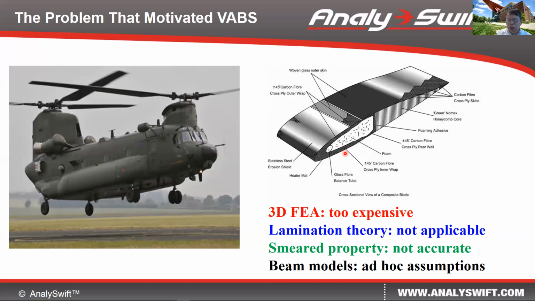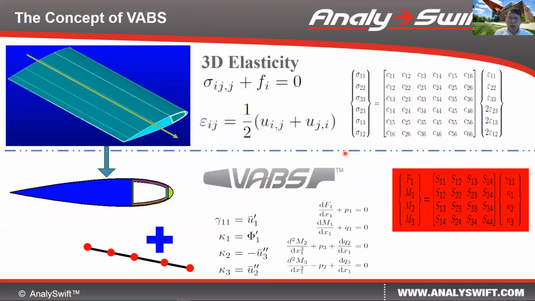Another approach which people commonly use is to introduce various assumptions to construct a beam model, such as the Euler-Bernoulli assumptions, Timoshenko assumptions, or other high-order assumptions. But this beam theory depends on what type of assumptions you use. It could lose the general purpose and also could lose accuracy.